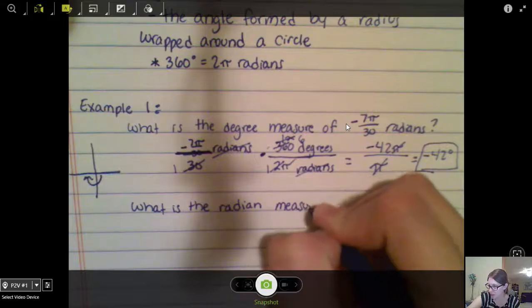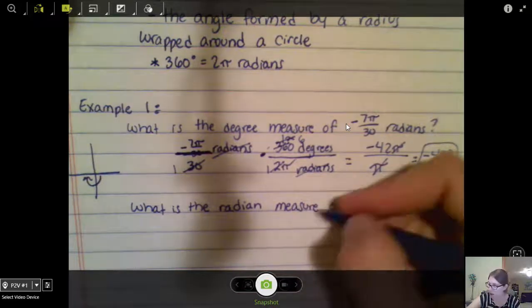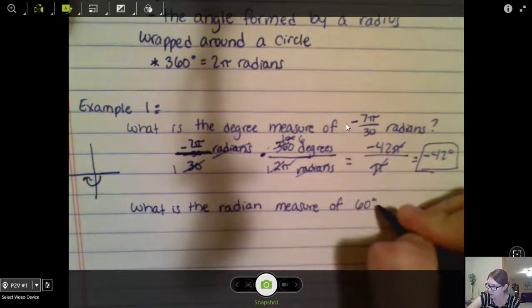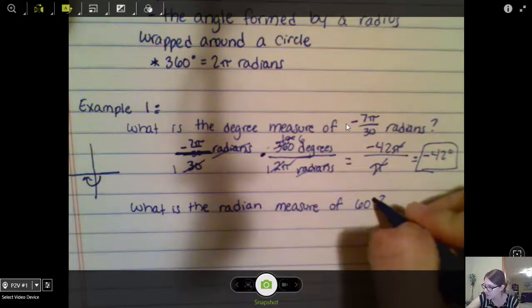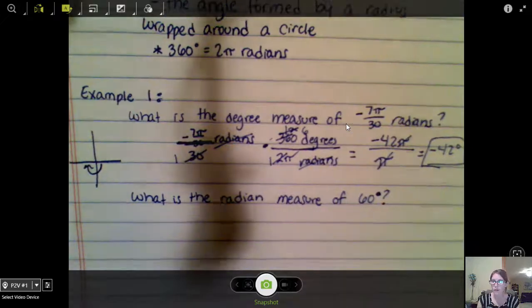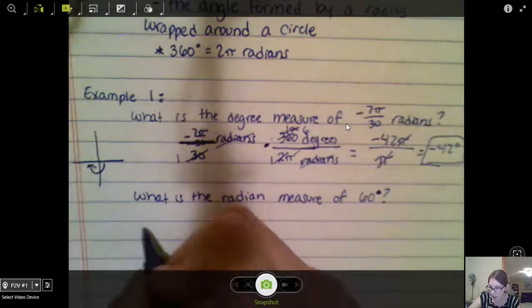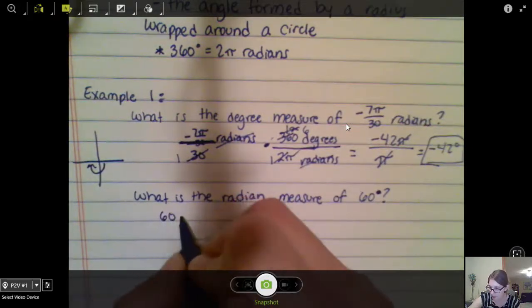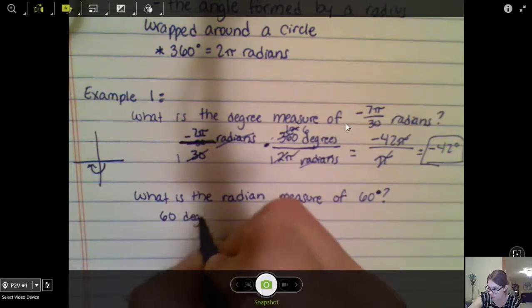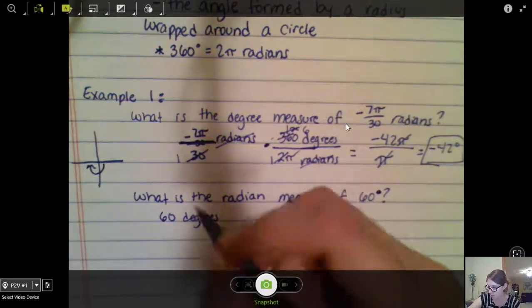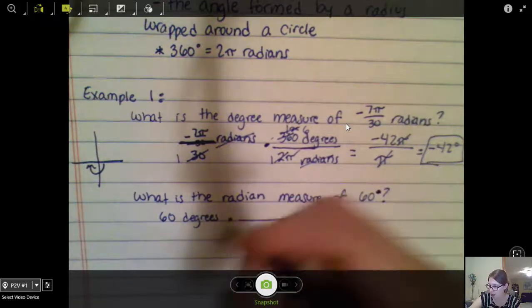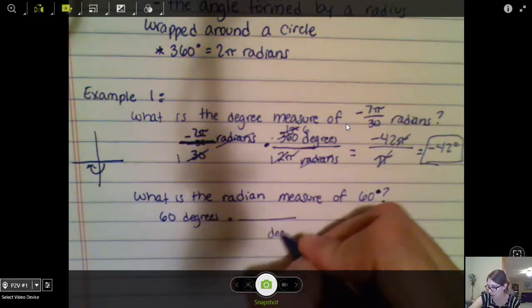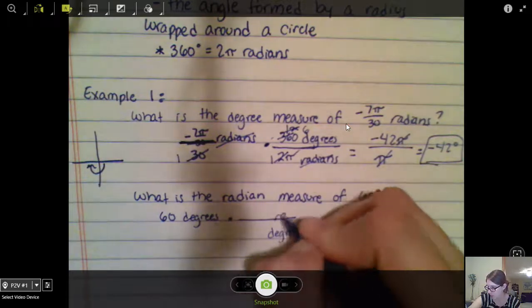What is the radian measure of 60 degrees? Well, similar idea. Let's start off with what we know. We have 60 degrees. And I want to multiply by something so that my labels cancel out, which means I need to have degrees on the bottom and radians on the top.